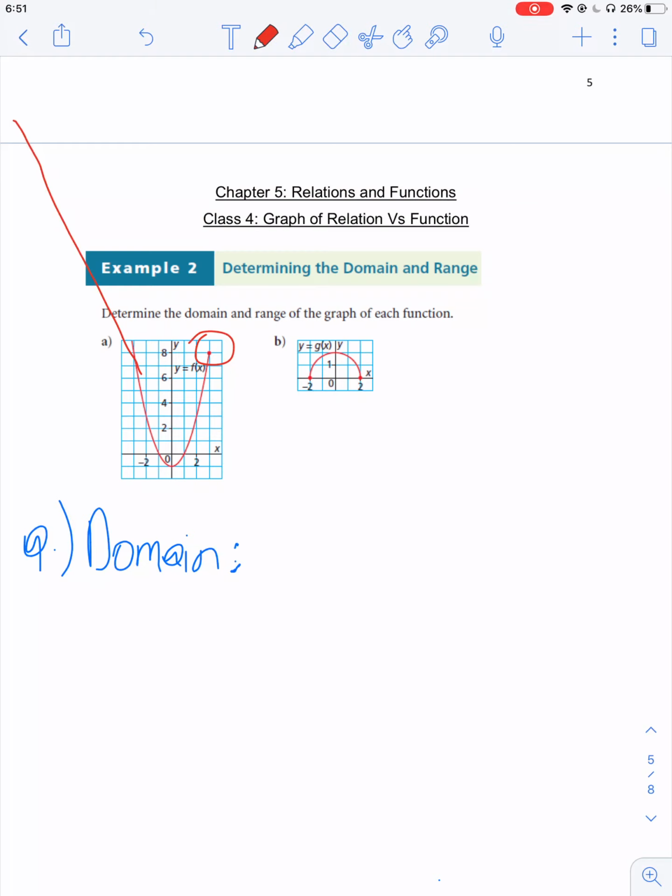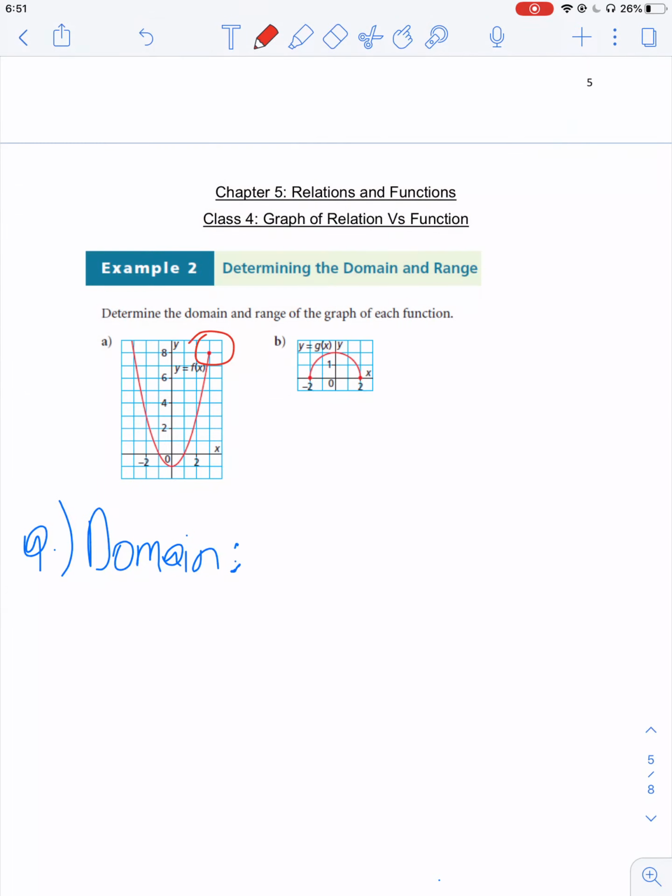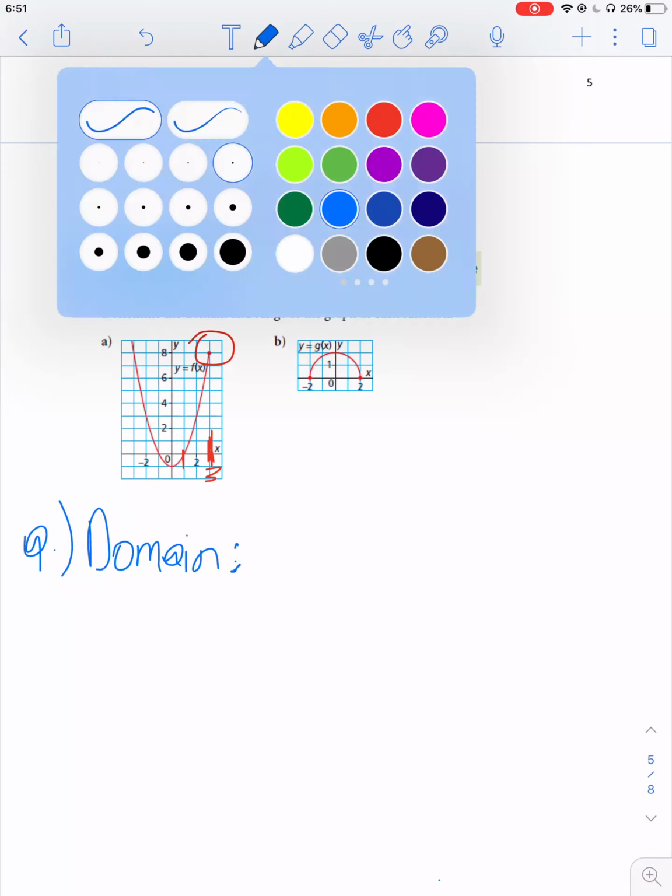My x value will become smaller and smaller. So there is no minimum, but there is a maximum. The maximum is this x value. This dot happens to be at this location. If this is 0, this is 2, then this has to be 1, so that means this is 3. So my maximum x value is 3.